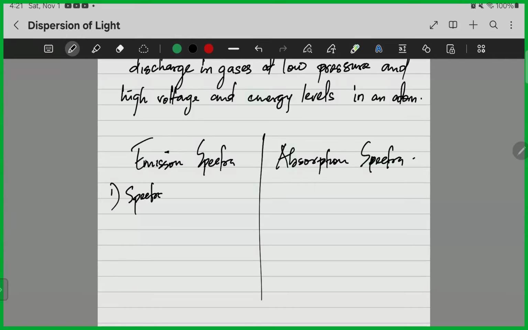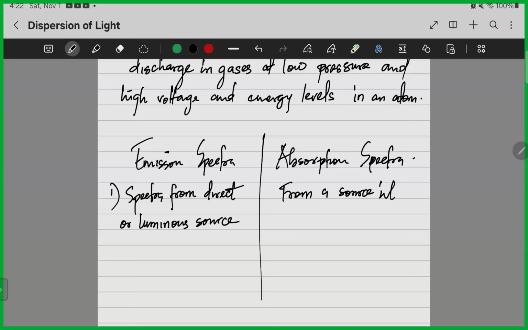This is spectra from direct or luminous source. This is spectra from a source interposed by an absorbing medium.